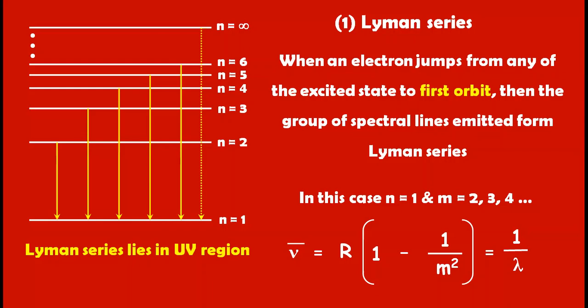That particular spectral line is called the series limit. So as far as Lyman series is concerned, the series limit refers to the wavelength of the photon emitted when the electron jumps from infinite orbit to the first orbit. Is it clear? Right. Now we'll go into the next one.